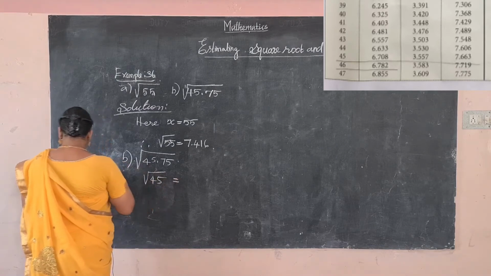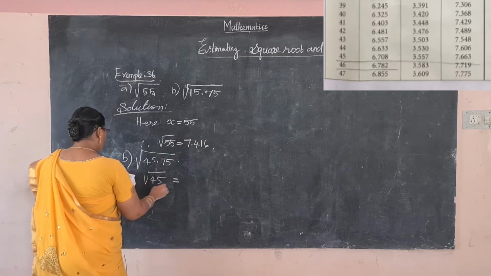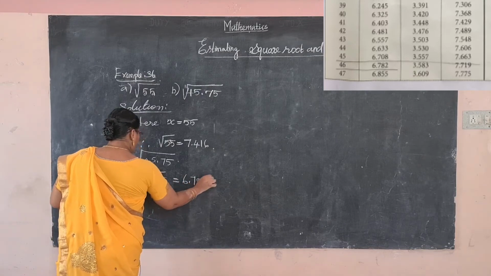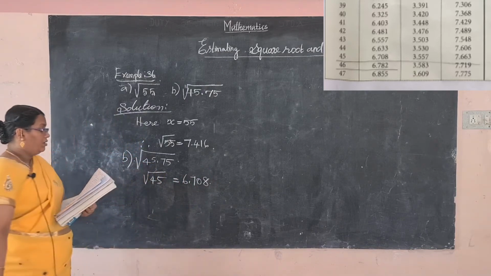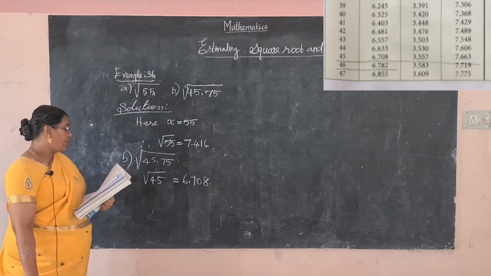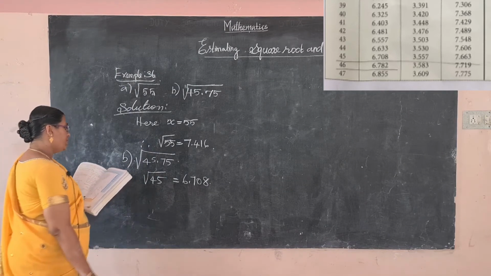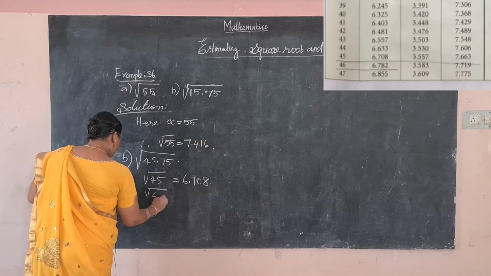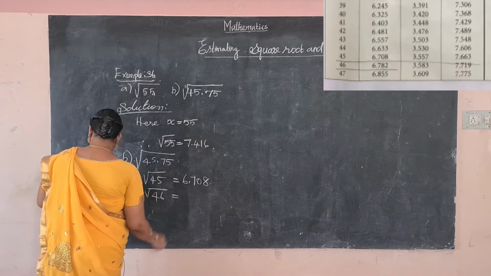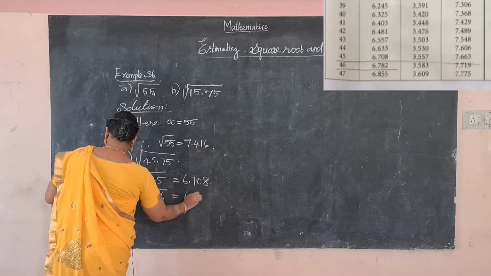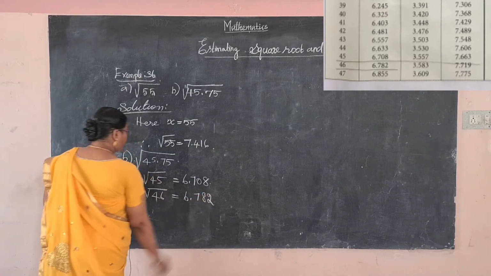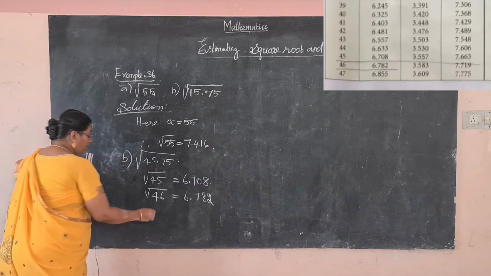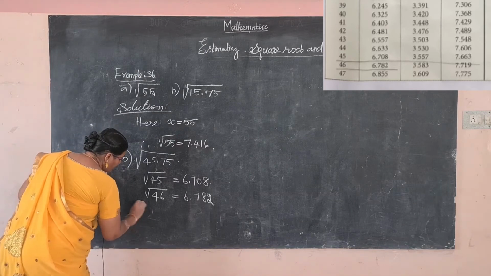What is the value? See the table, under the column of square root: 6.708. And the square root of 46 is equal to 6.782.